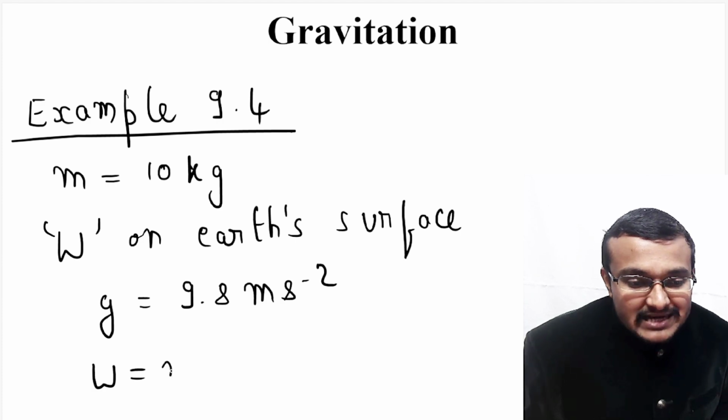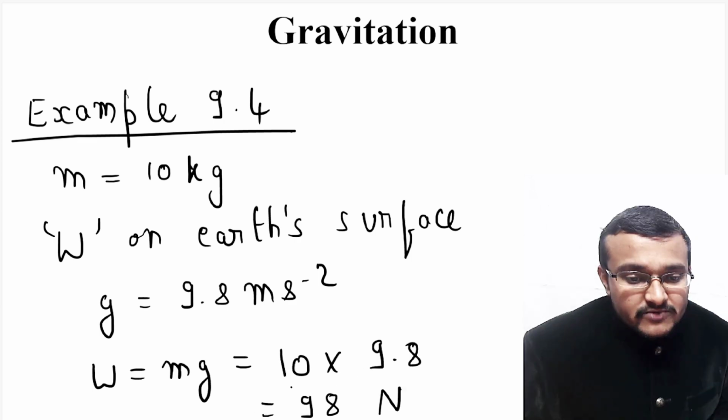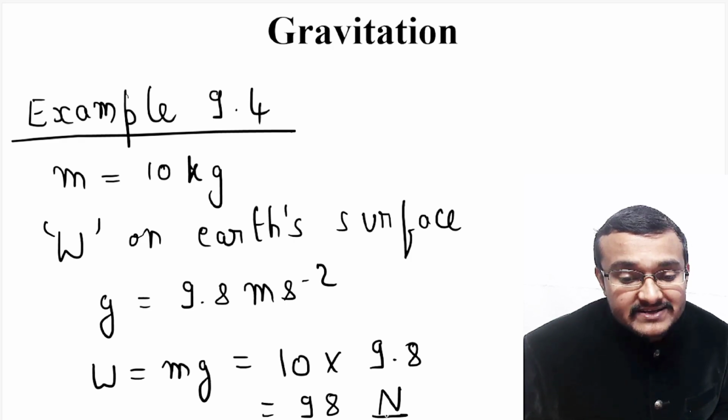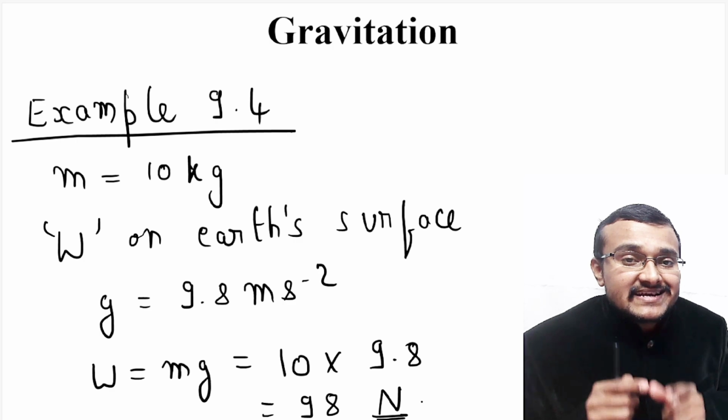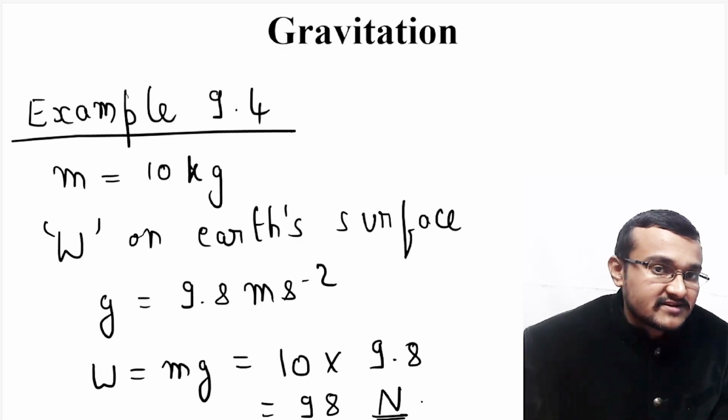So weight is equal to mass times acceleration due to gravity, mg. So mass is 10 kg into 9.8 meter per second square. When you do 10 into 9.8, it is 98, and SI unit of weight is Newton. So 98 Newton is the weight of this object on Earth's surface.